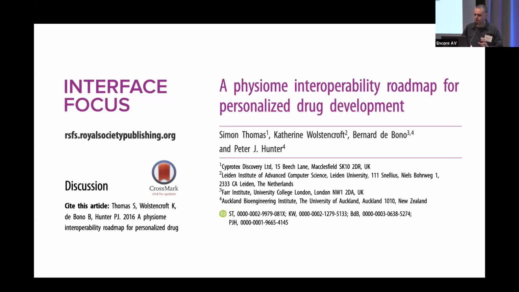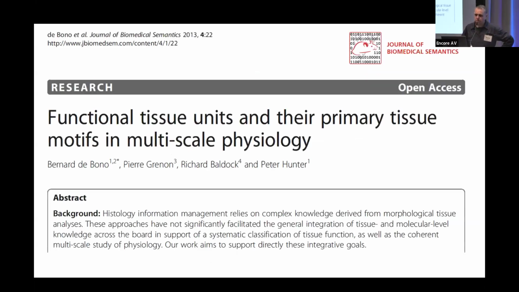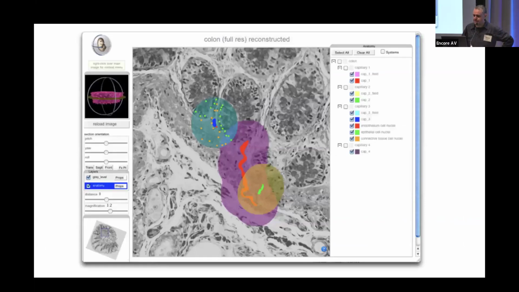So Peter and I have been collaborating on the development of an open physiology workflow in which we can create a circuit board type of representation, whereby you can plug in minimal models of tissue function into a broader model of advective flow across multiple anatomical sites.